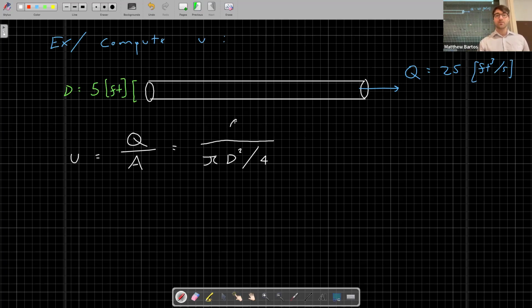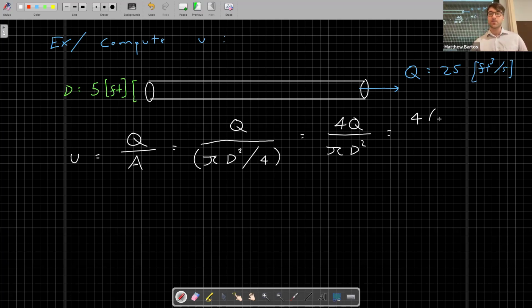So our mean velocity is equal to Q, the discharge, divided by pi d squared over 4. I'll just put parentheses here to make it clear where the denominator should be. And if we simplify this, we get 4Q divided by pi d squared. Let's go ahead and substitute in the values that we know.